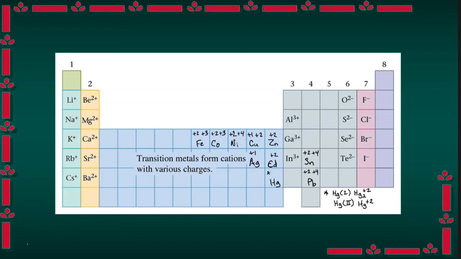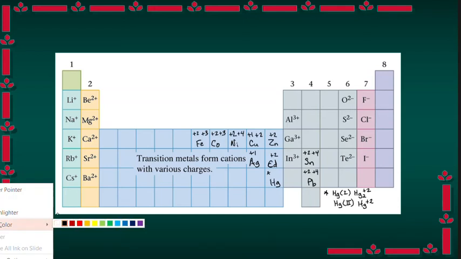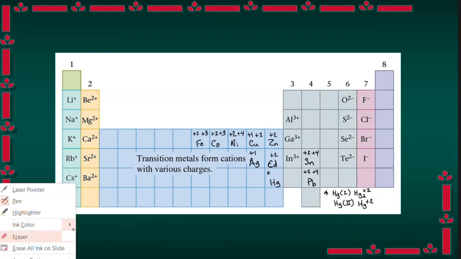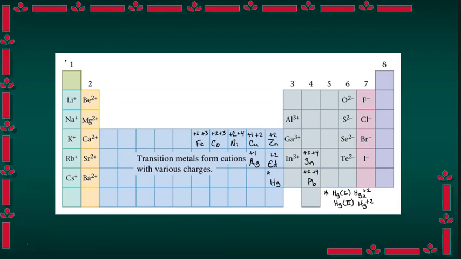First of all, go to the first column and put a +1 on top. So I'm circling everything that you should be putting down. Go to the top of the second column and put a +2.